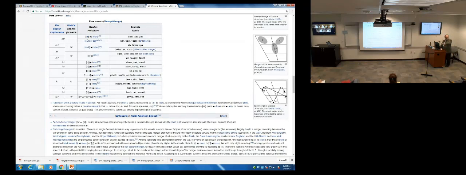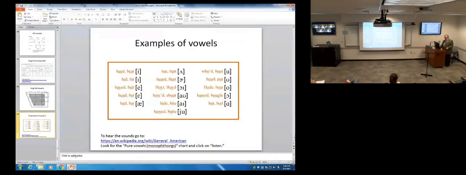These are the American vowels as interpreted by Wikipedia. Don't look at the rest, because God help us, it is confusing, and we want to avoid confusion. Okay, all right. So this ends the lecture here.